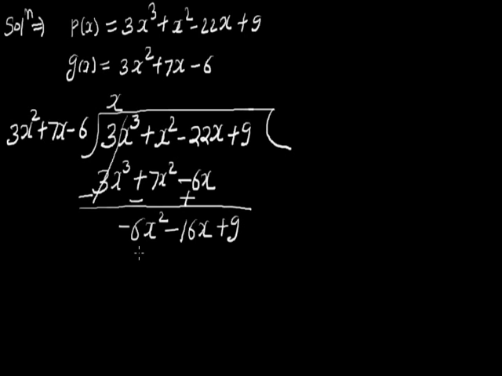Now we divide the first term minus 6x square by 3x square, and the quotient is minus 2. It goes minus 2 times. Now we multiply minus 2 by the whole expression and write the terms below: minus 6x square, then minus 14x, then plus 12.